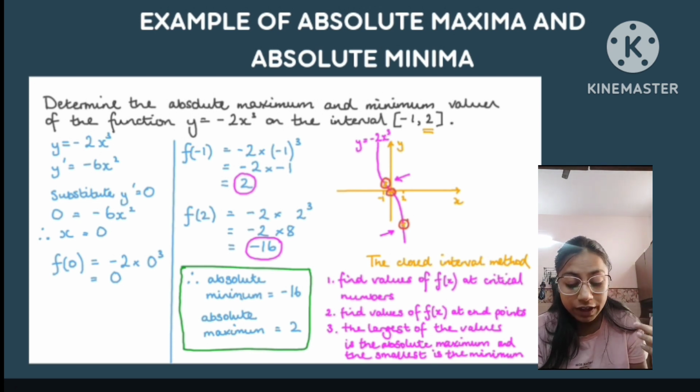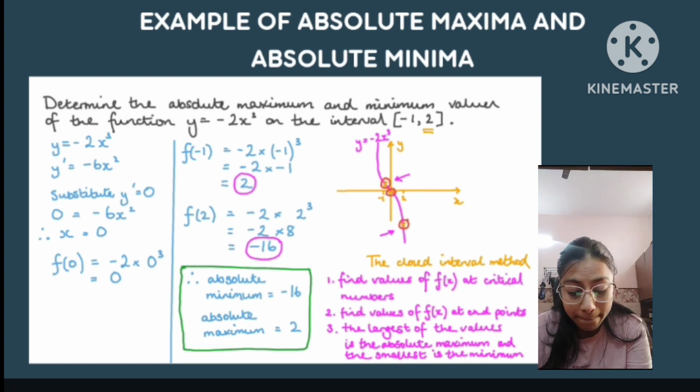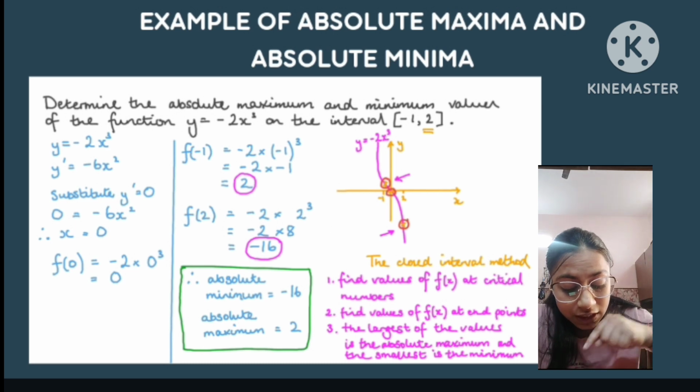So here we can conclude that the absolute minima is minus 16, meaning the point of minima is 2. And the absolute maximum value is 2, which is at minus 1. So the point of maxima is minus 1. You can see in the graph also how we have plotted it. We have taken the whole function including the endpoints.